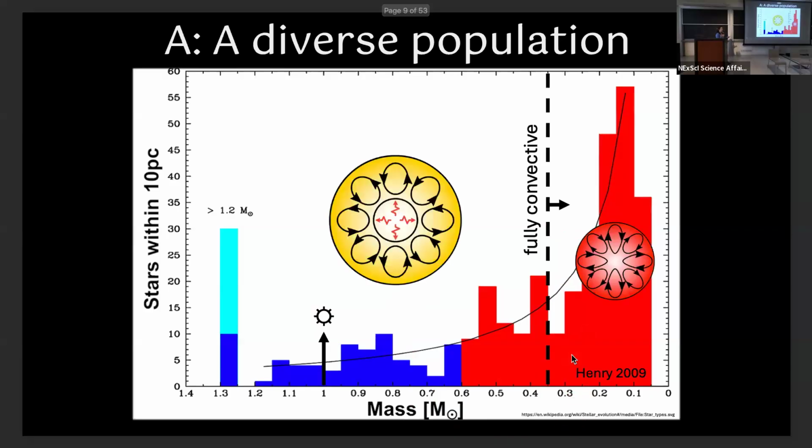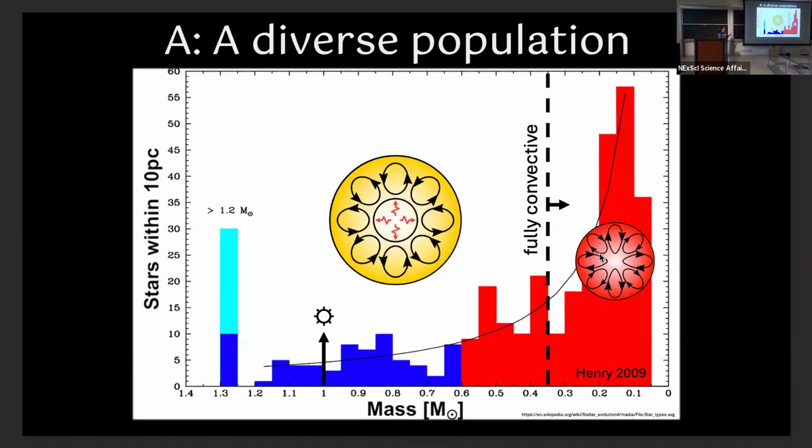So stars that are more massive than this are structurally very similar to the sun. You've got your radiative core and you've got your convective outer envelope. Well, to the right of this line, you no longer have a radiative core. The core has got smaller and smaller as you've moved right on this diagram, and by the time you get to this boundary, you have a fully convective star.